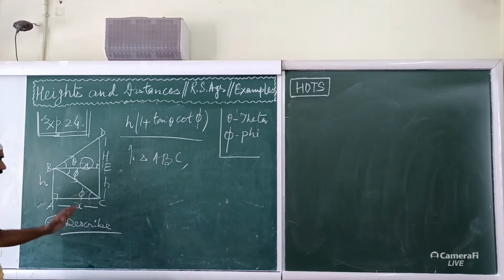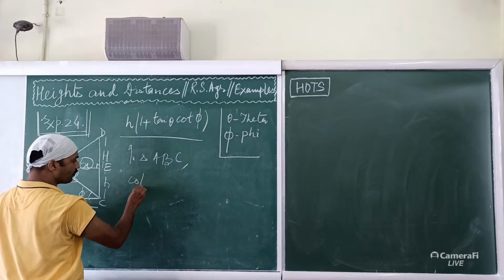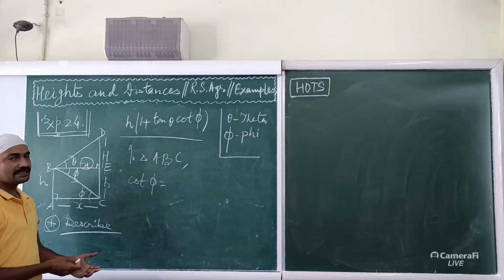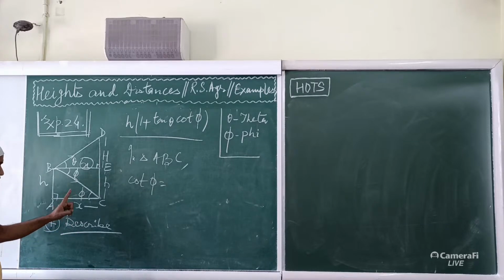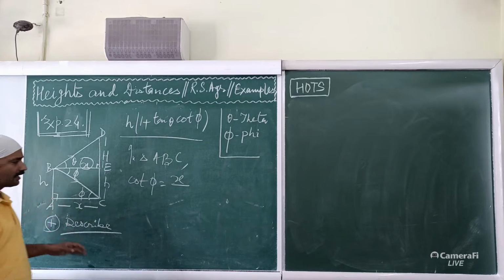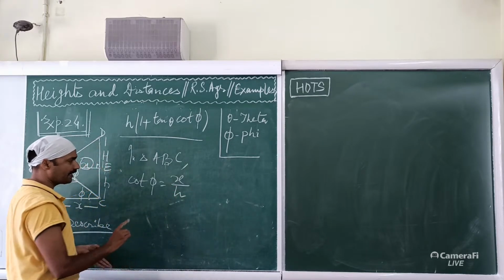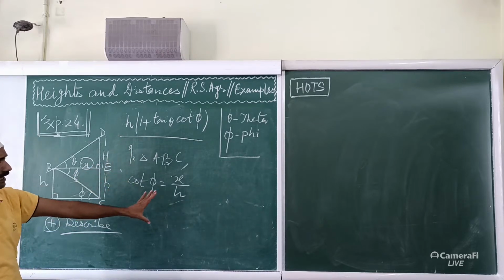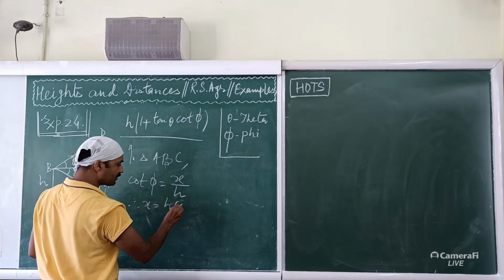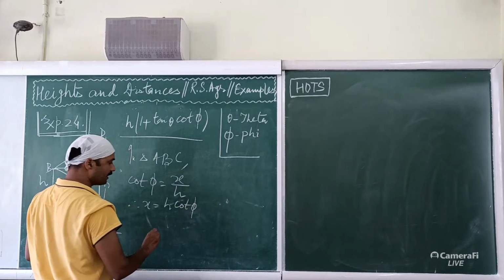Since the angle is phi here, we write cot phi, the reciprocal of tan, that is base by perpendicular. This is the angle phi, this is perpendicular, this is base, so cot phi is x by h. We need h, not x, therefore x equals h cot phi. This is result 1.